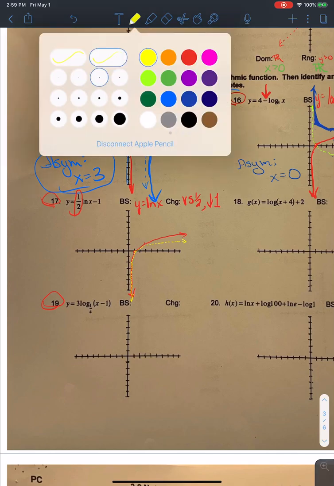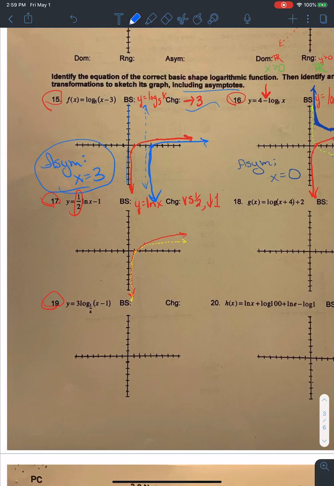Okay, flipping over to my blue color to finish up. We need to shift everything down 1. So I'm moving my yellow guy down one, down one, down one, and he's kind of looking like this now.